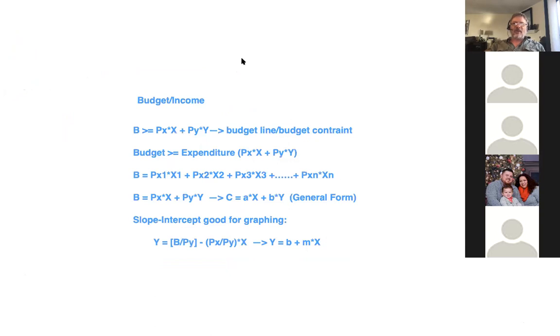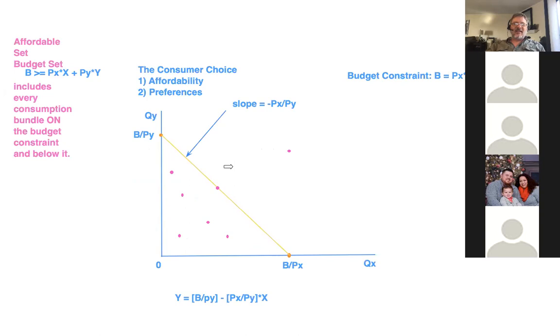When we talk about this consumption space more generally, and the general form of this linear equation, the one where we have multiple goods, x1, x2, x3, this is going to be a hyperplane dividing a linear subspace of potentially countably infinite dimensions.